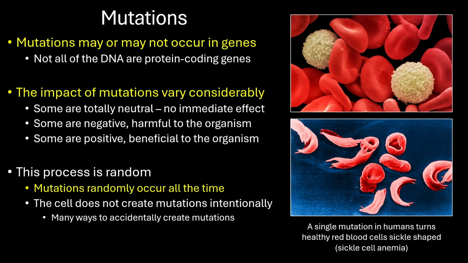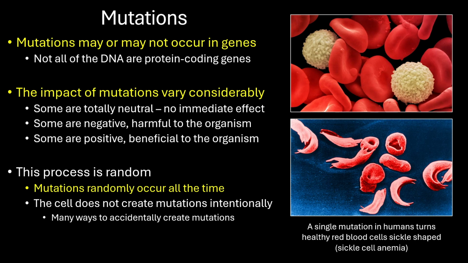Some mutations are completely neutral, as in they have no meaningful or immediate effect on that organism's ability to survive or reproduce. The majority of mutations fall under this category of being very neutral. Some, however, are quite negative and can be very harmful to an organism that has them. Another small proportion of them are positive, conveying some kind of benefit to that organism.